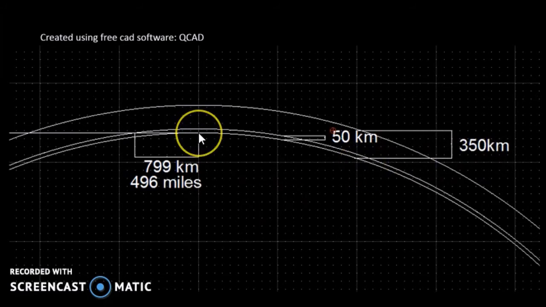This is where the observer stands on the surface of the Earth at the terminator line, and this represents his line of sight. As you can see, his line of sight has to go through 799 kilometers of stratosphere in order to see the setting sun. And 799 kilometers is the same as 496 miles.